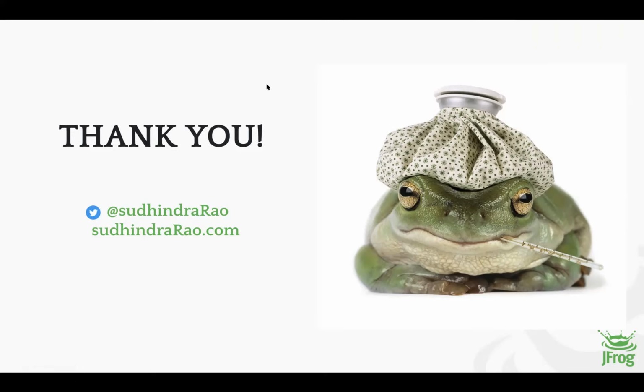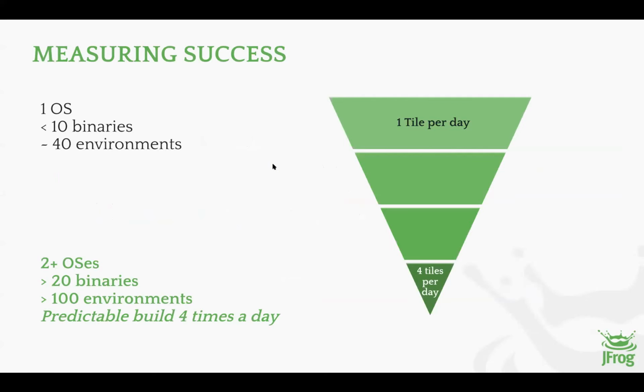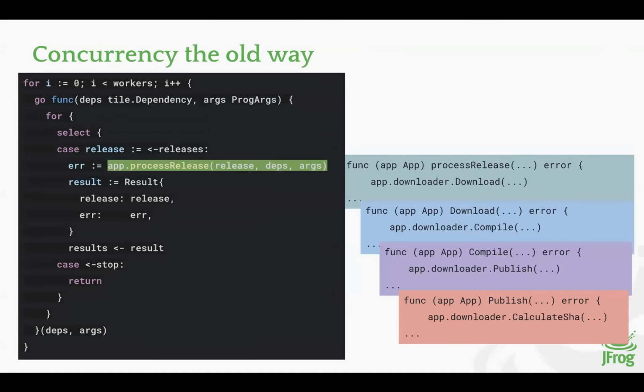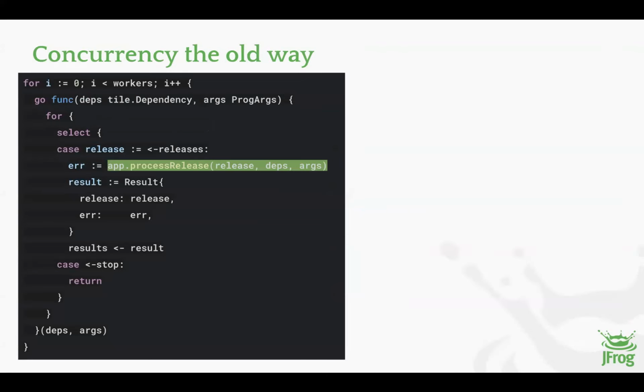Hey Sudhendra, thanks for the talk. My question really relates to the amount of concurrency that you're processing at any one time. You can launch a bunch of Go routines and they all run concurrently. They can block, they can do some work. It kind of depends on what you're doing, right? It sounds like the amount of concurrency that you have in the system is maybe not that great. You had it on that slide with the triangle going down.